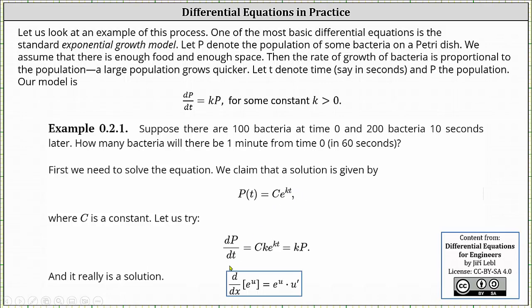So dP/dt is equal to c times the derivative of e to the power of kt with respect to t, which is e to the power of kt times k, which we can write as k times e to the power of kt. So now we know dP/dt is equal to c times k times e to the power of kt, which is k times P, since P is c times e to the power of kt. This verifies P(t) is a solution.